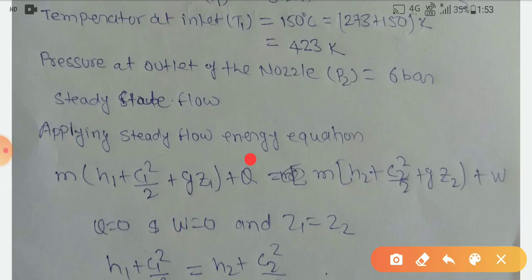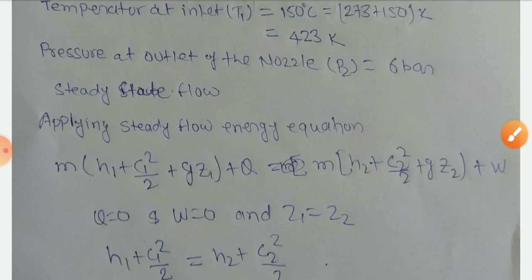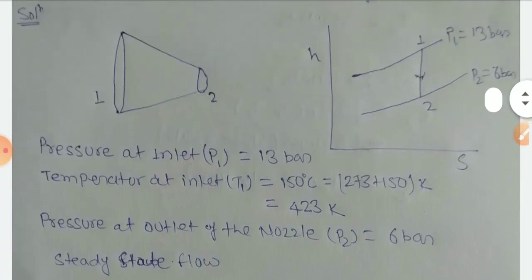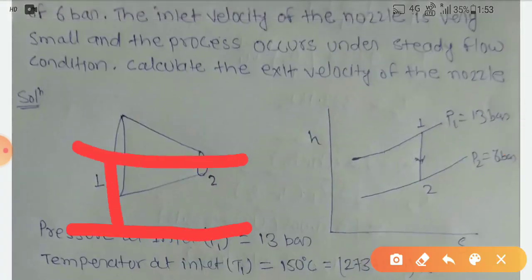Here m is the mass flow rate, h1 is the enthalpy at inlet, c1 is the inlet velocity, and z1 is the height measured from the datum line, so z1 is equal to z2.